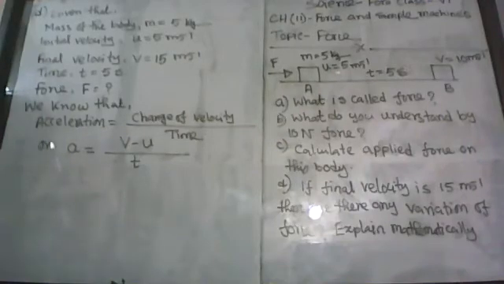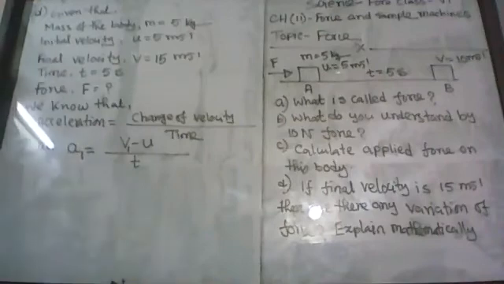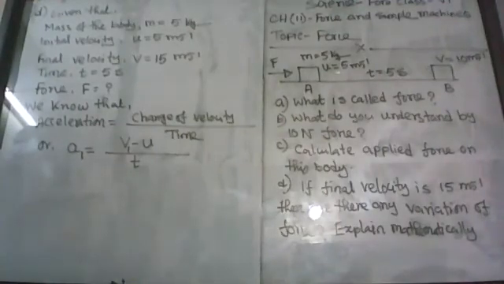Now I'm going to calculate the force. So force F equals what? We know that acceleration a is the change of velocity by time, denoted by a, and the change of velocity is (v minus u) by t. New acceleration becomes a1 and new velocity becomes v1, because in this particular case only the final velocity varies.